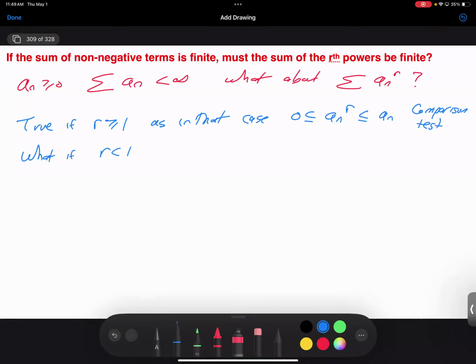What if r is less than 1? So a_n is going to 0. So what could happen if r is less than 1? Then a_n to the r could actually be greater than a_n.